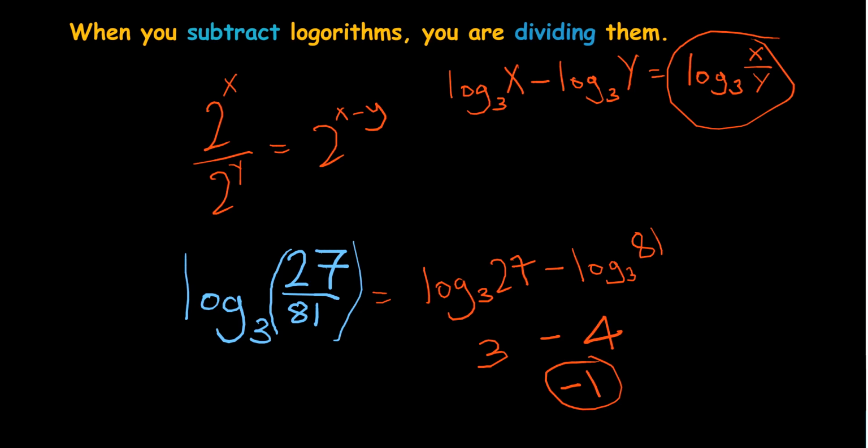Now again, -1 you may think is a little bit weird, but if you actually took 3 to the -1 power, let me just do that in different colors so you can distinguish. If you took 3 to the -1 power, that is basically 1/3. Just flip the thing. When you've got an inverse power, just flip it. And if you simplify this fraction, it actually turns out to be 1 over 3 anyways.